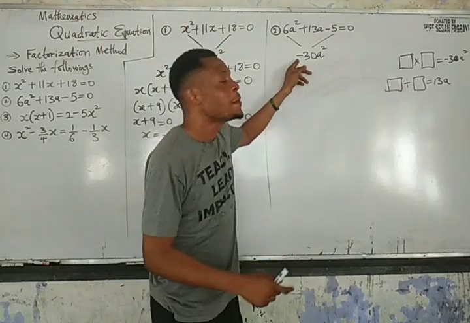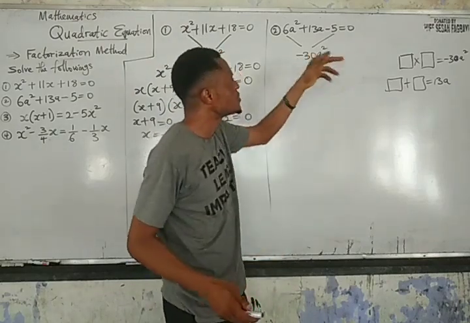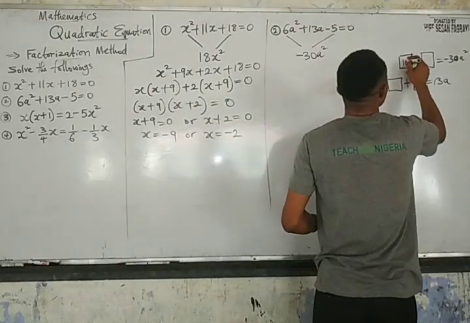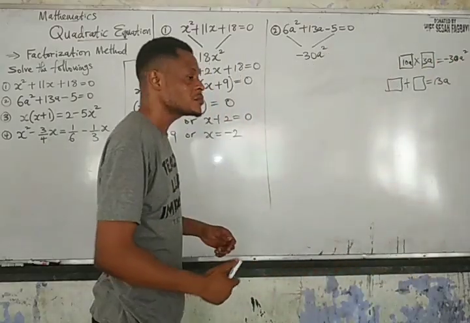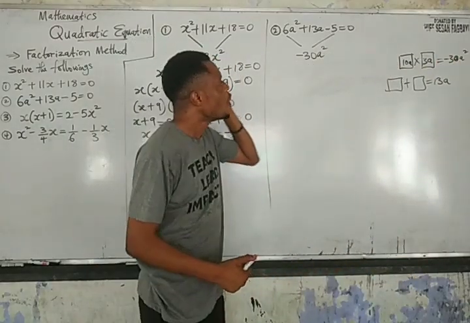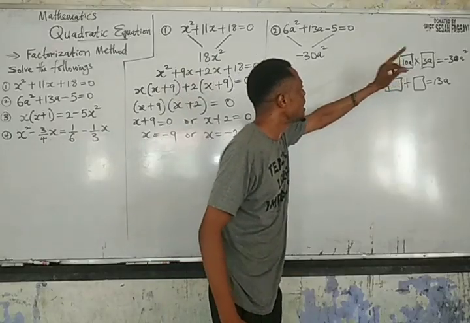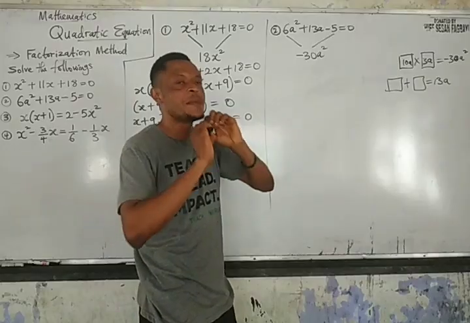Considering the fact that we have a minus here, we have to work around it so that it will give us minus 30a squared. So if I say 10a, 3a to start with, I now need to think of where to put the negative sign. If I put it here in front of minus 10, minus 10 multiplied by 3 will give me minus 30.